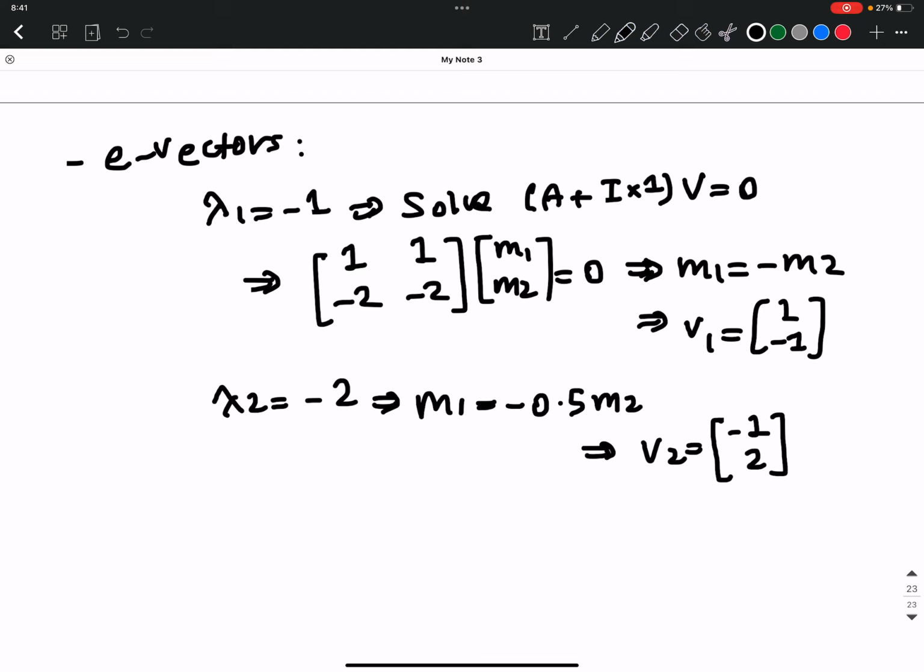Now that we got this, I can constitute my P matrix, which is basically the stack of these two eigenvectors. So it's going to be first V1, which is 1 and minus 1, and then second is V2, which is minus 1 and 2.